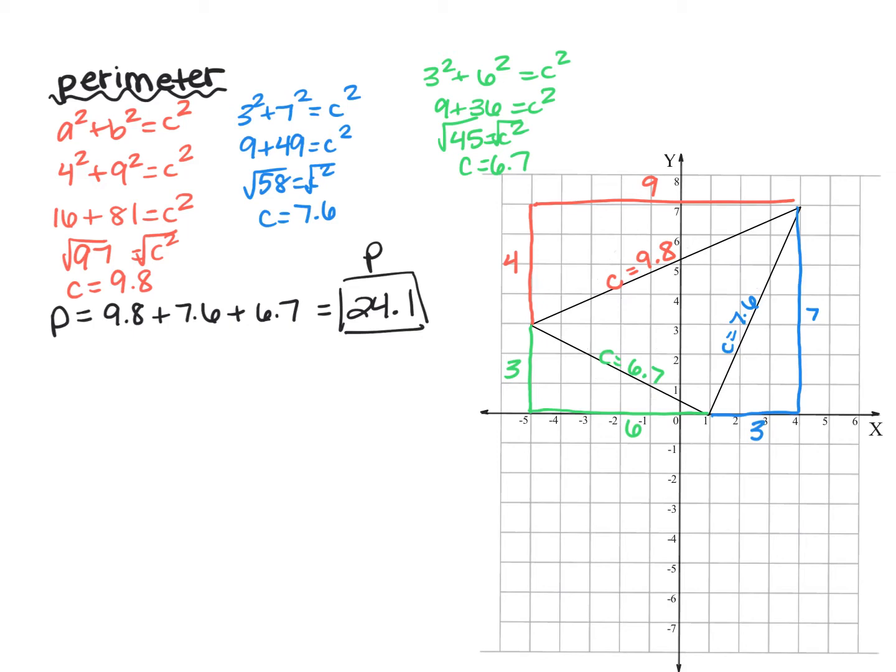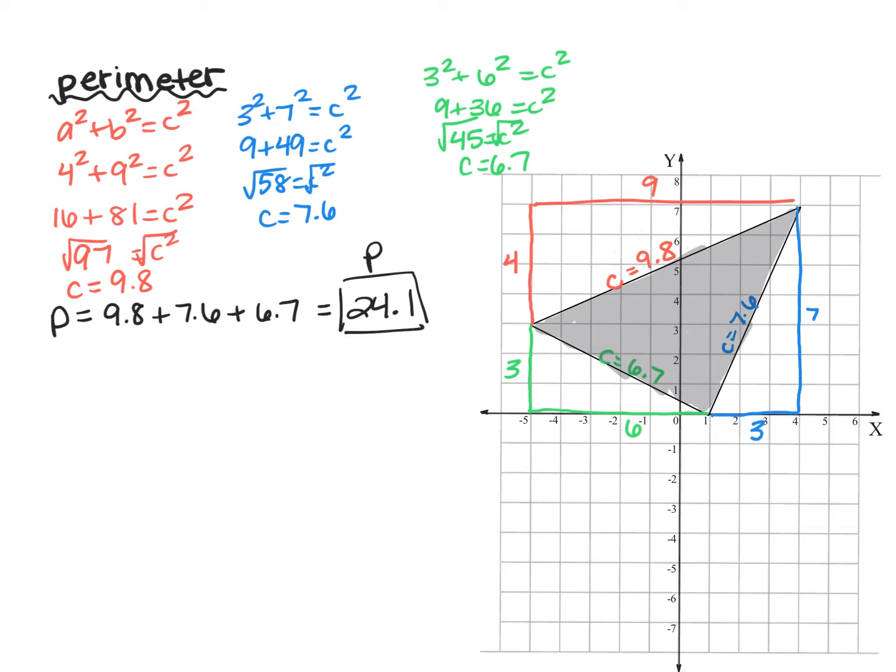Now we're going to look at finding the area of this figure. Now when we find the area, we're looking for the area of just our original figure, which is inside this triangle. But because this is a right triangle, I don't know necessarily what the base and the height are.